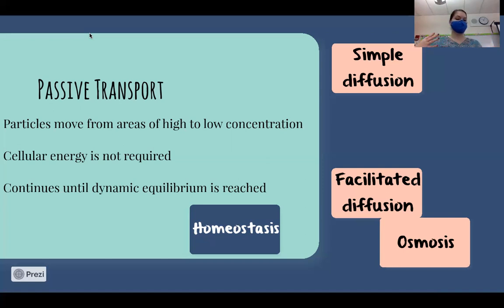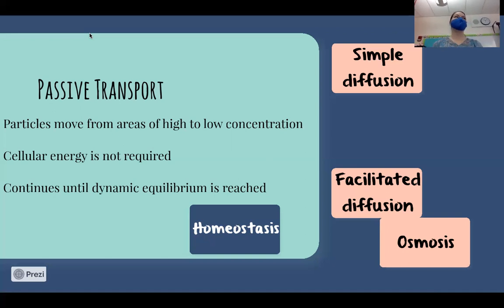So at first, when there's a really high concentration difference, for example, what we're going to see is overall, there's way more particles going where there's a higher concentration to where there's a lower. But then as you reach that point of equilibrium, the molecules are still moving, but now they kind of cancel each other out because just as many go in one direction as the other.